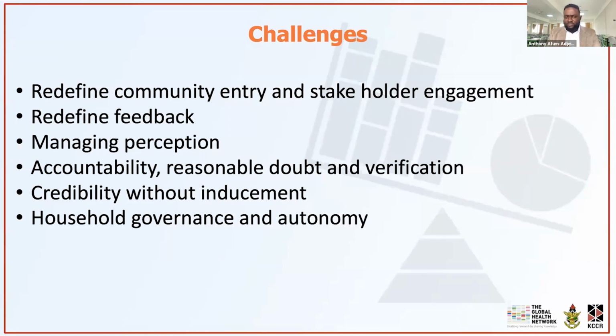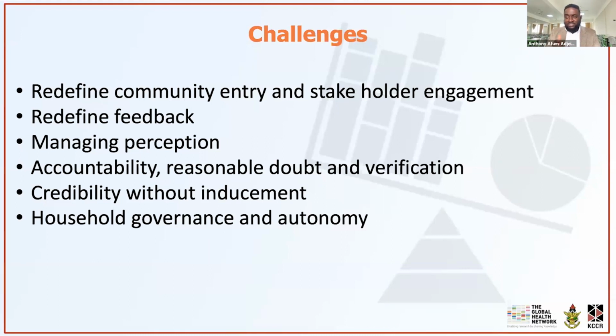You have to redefine what goes into feedback. In our case, I'll share with you how we did that. We have to redefine how you will manage perception. You have to accept that there are conspiracy theories. You have to accept that people's perception about research is not what we know. And so you have to go into the communities with this mindset, and it will guide you to engage them appropriately. You have to make sure that you are able to demonstrate accountability, reasonable doubt, and verification.